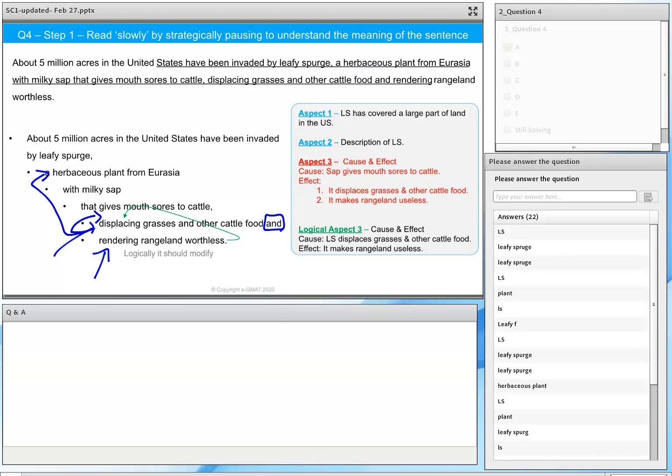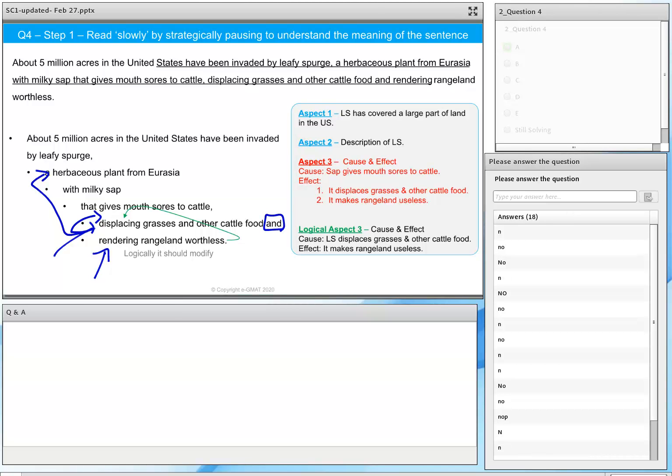That because milky sap gives mouth sores to cattle, the result is that the milky sap makes the rangeland, the pasturing grounds basically, useless. Now, does this meaning make sense? Milky sap making the pasturing grounds useless because of the action of giving mouth sores to cattle. Does that make sense? No, it doesn't make sense.